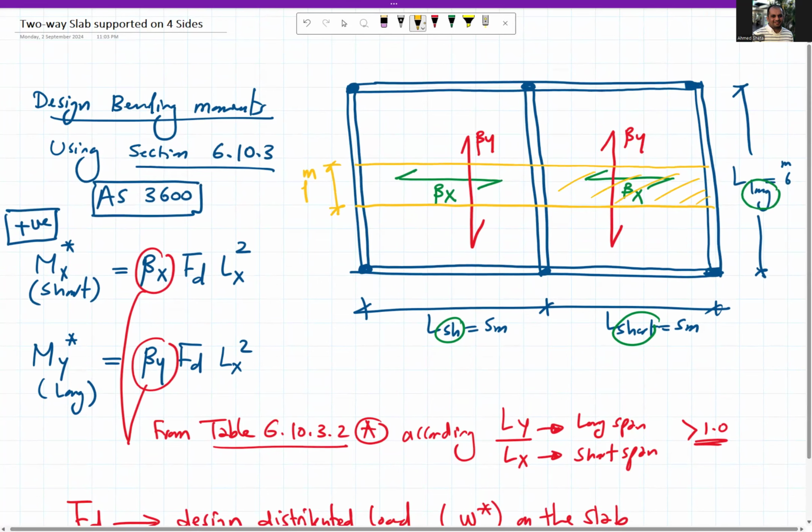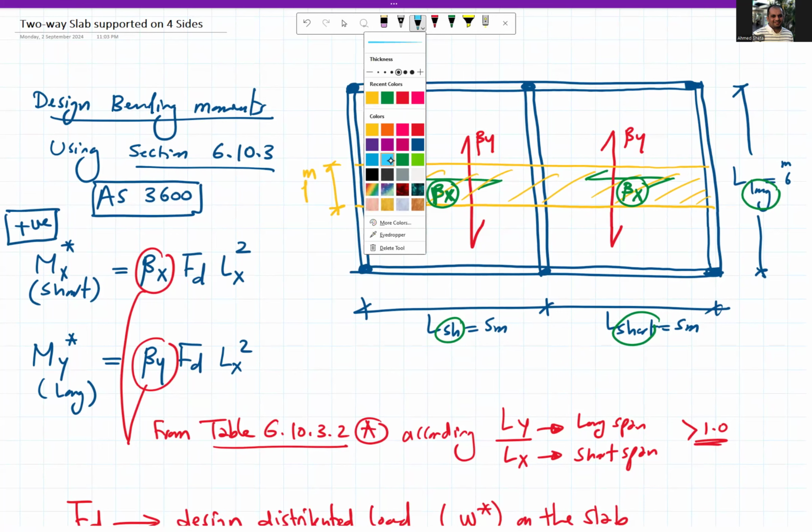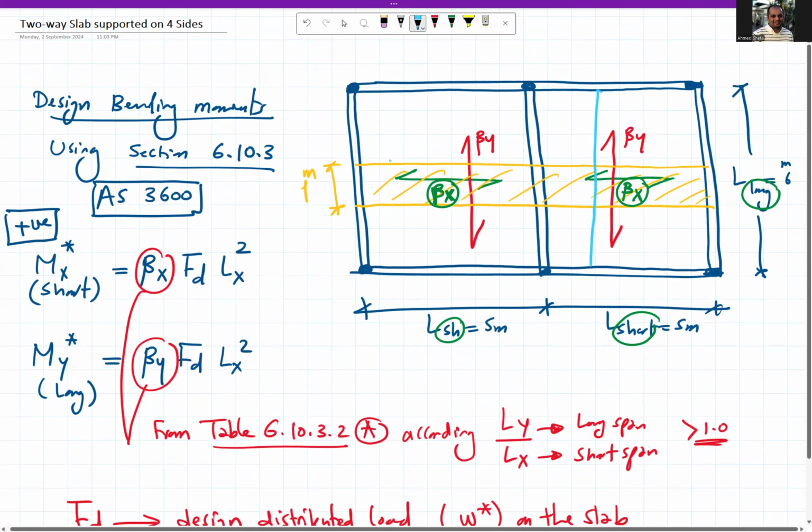So this yellow one, and the moment in this direction would be using the factor beta x, and in the other direction y, we will also have another 1 meter strip in the y direction. Okay, so the moments are based on that.